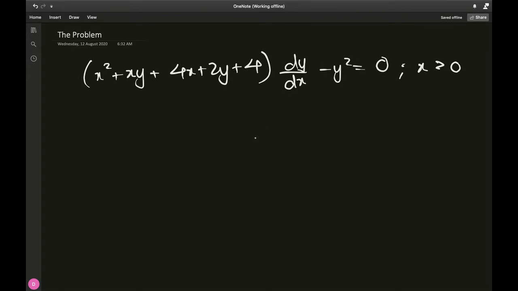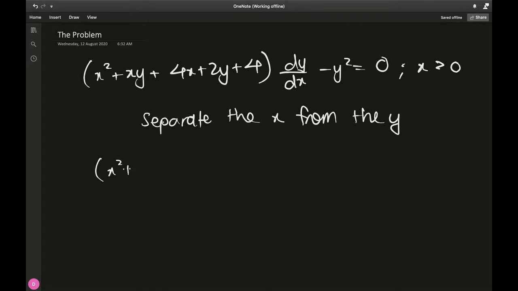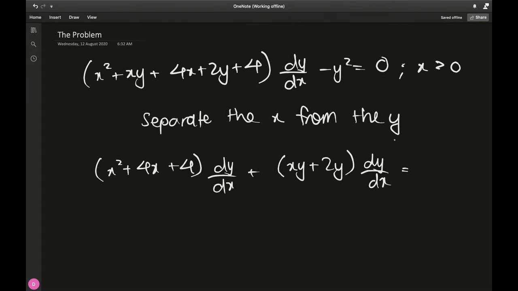One classic trick we can use is to separate the x from the y. So if I do that, I have x squared plus 4x plus 4 times dy over dx plus xy plus 2y times dy over dx, and then take the y squared on that side, giving us equal to y squared.